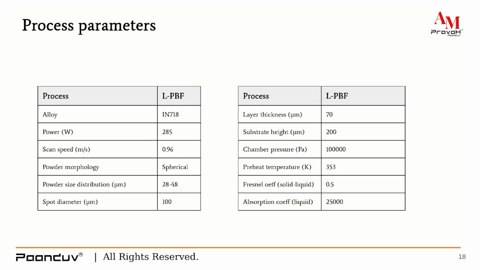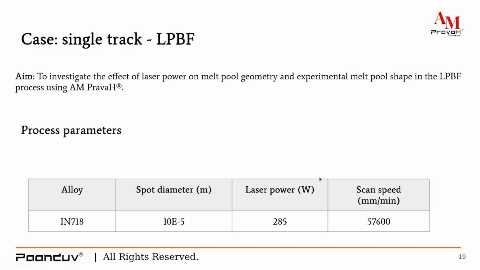Build is the part that is made after doing this laser powder bed fusion. So we have taken spherical metal powder, and this is the particle size distribution, and this is the spot diameter, and this was the layer thickness, substrate height, chamber pressure, preheat temperature, Fresnel coefficient, and then absorption coefficient.